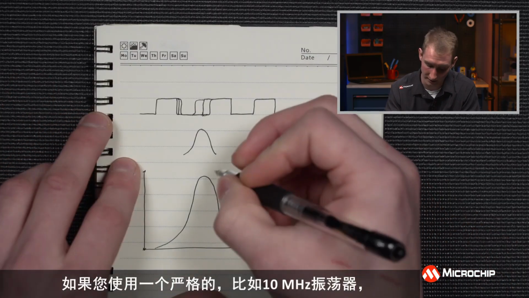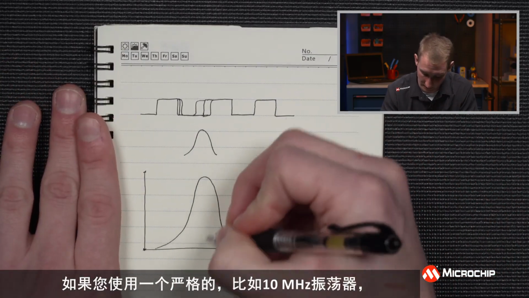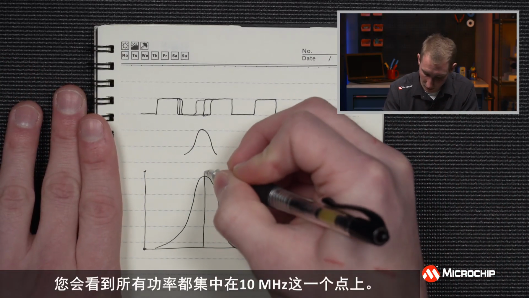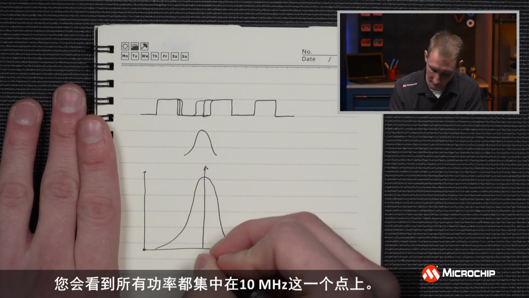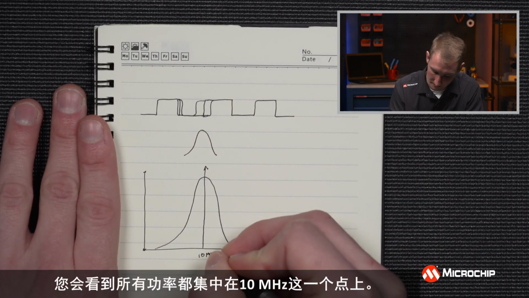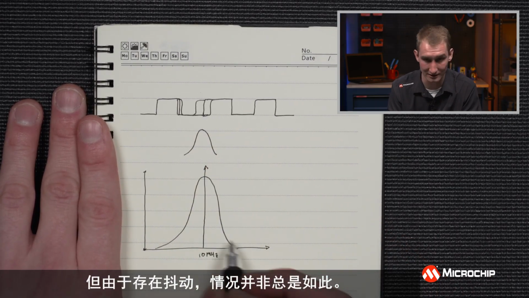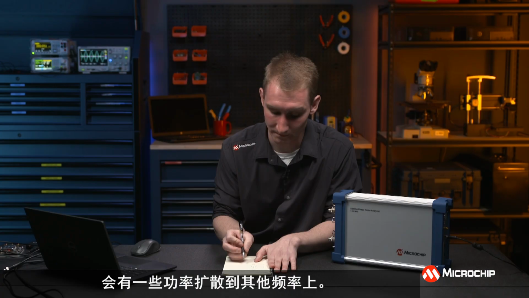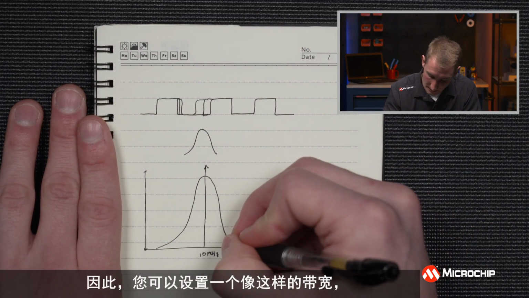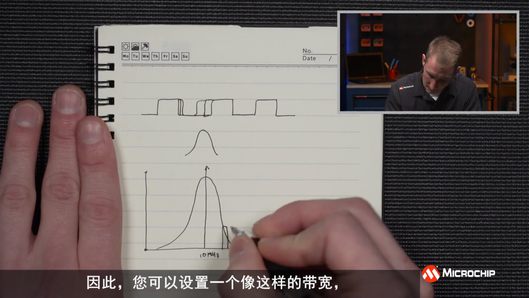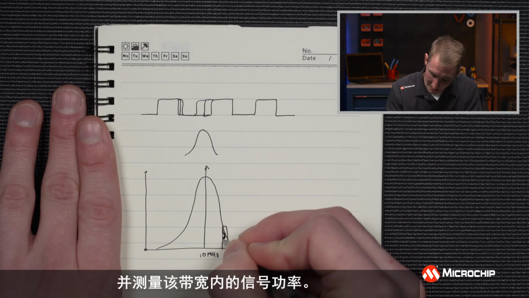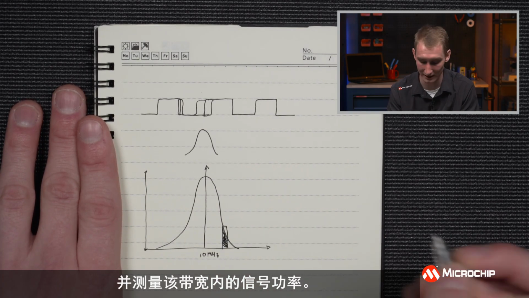Now, if you were working with a strict, say, 10 megahertz oscillator, you're going to see this one point and all your power is right there at 10 megahertz. But due to this jitter, that doesn't always happen. You'll get some bleed out into other frequencies. So what you can do is take a bandwidth like so, and measure the power of your signal in that bandwidth.